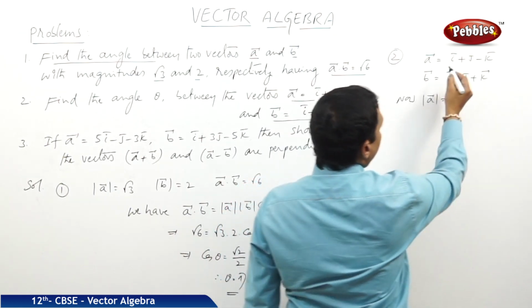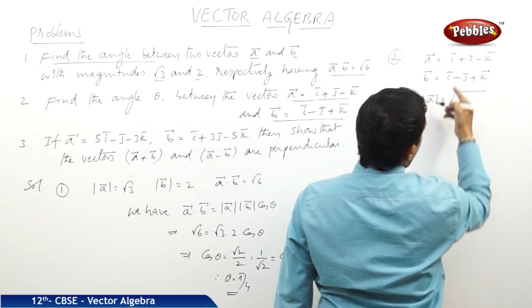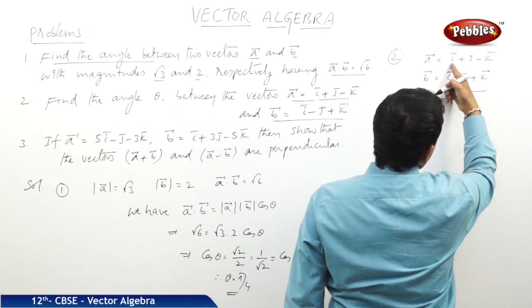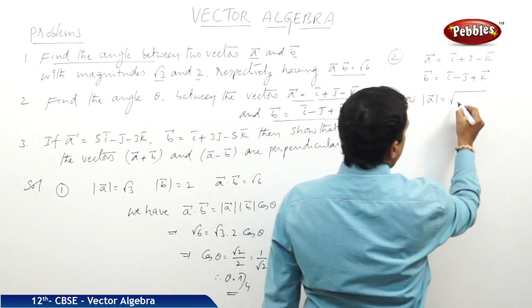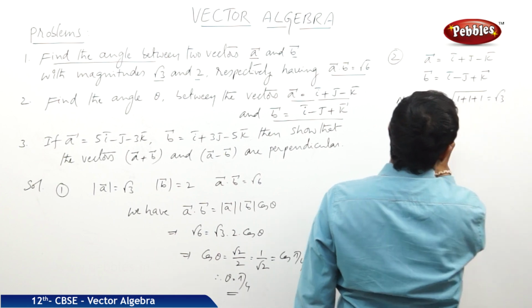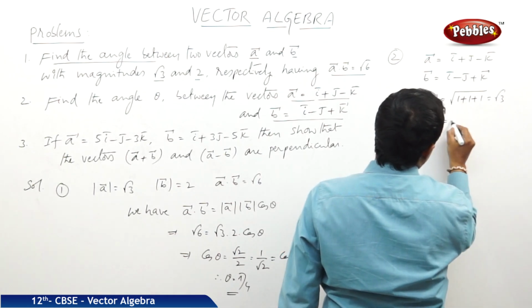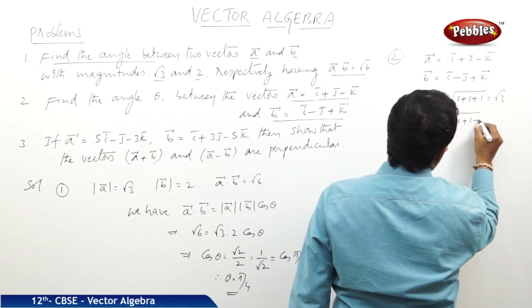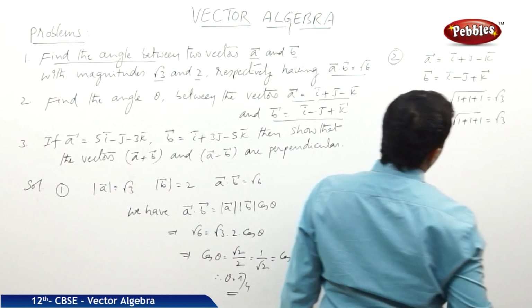The magnitude of the vector is given by root of the sum of squares of their components, 1 plus 1 plus 1, that is root 3. And modulus of B vector is equal to root of 1 plus 1 plus 1, it is also root 3.